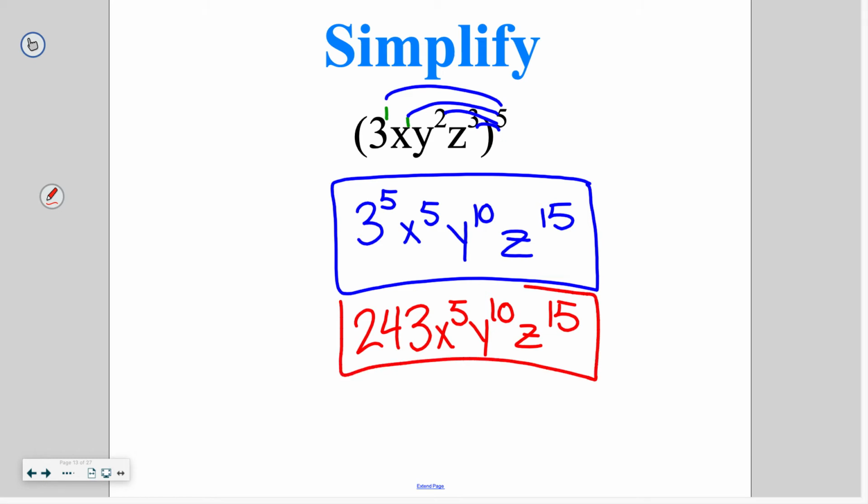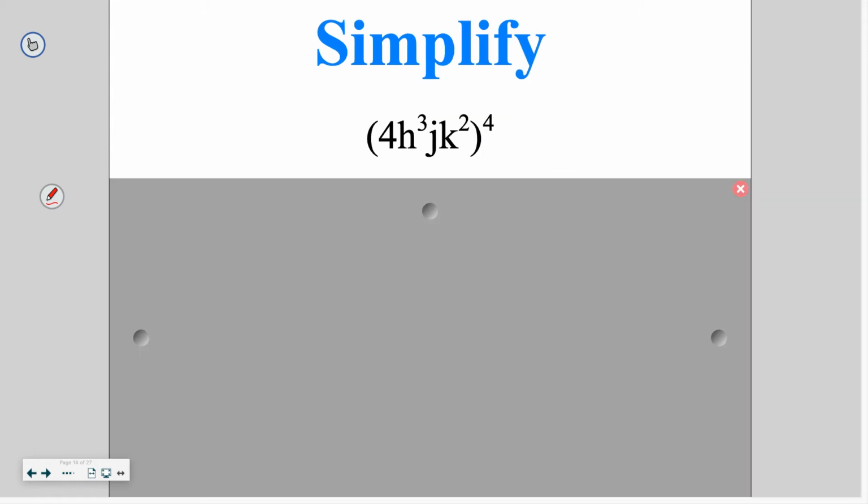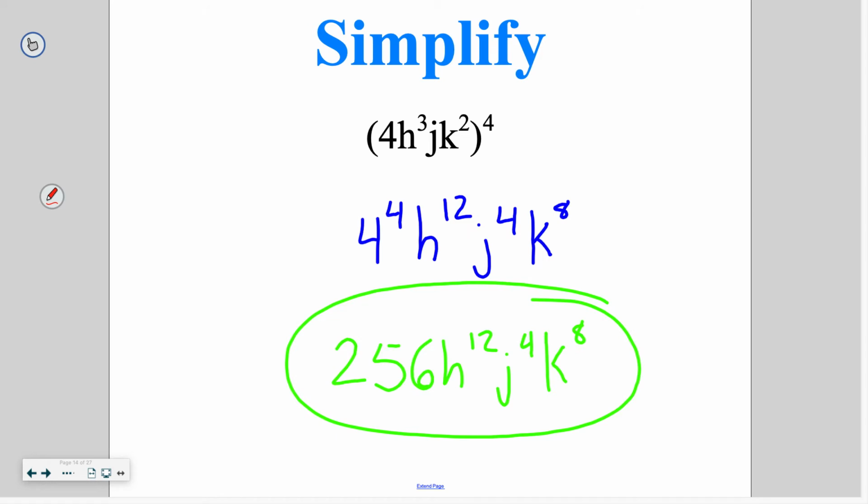So it depends on whether it asks you to write it in exponential form, where the number is written with the exponent, or in simplified form, where the number is actually written out. Go ahead and try this one on your own, writing it in simplified form. We end up with 256, h to the 12th, j to the 4th, k to the 8th.